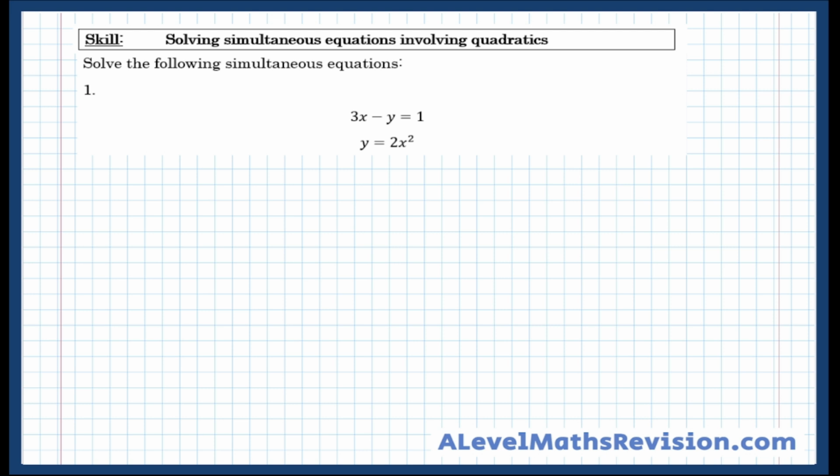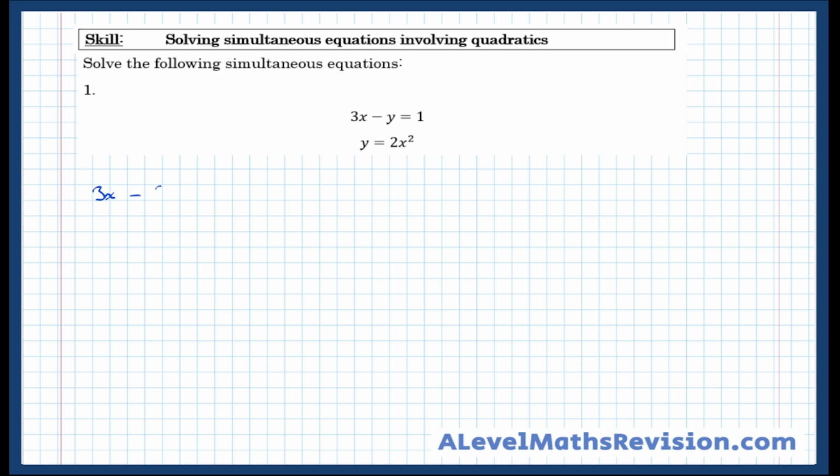So I can see here, luckily, that bit of work has been done for us. Y equals 2x squared already is in the form y equals. Therefore, because we know y is 2x squared, we can take this y here and replace the y in the other equation with it. So 3x, take away, and we've got the right now to replace any y with 2x squared.